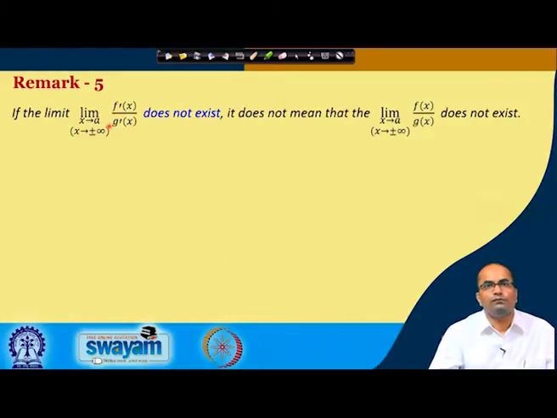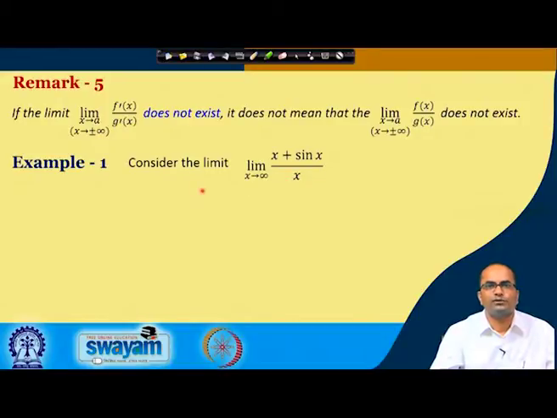So, this is another important remark which I have mentioned before. If the limit of the derivatives does not exist, it does not mean that the limit of f divided by g does not exist, which we can see by a simple example. Consider the limit as x goes to infinity of x plus sin x divided by x.